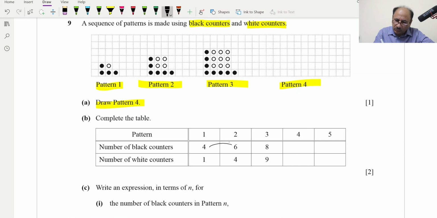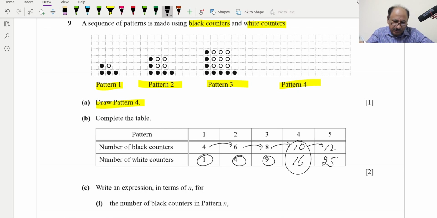So 4 to 6, then 6 to 8, then 8 to 10, a difference of 2 each time, and the fifth will be 12. And this one is 1 square, 2 square, 3 square. This will be 4 square, which is 16, and 5 square will be 25. So this is what we have to draw. 10 will be black.